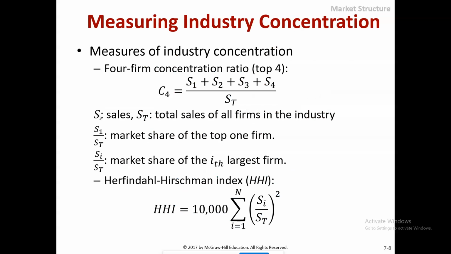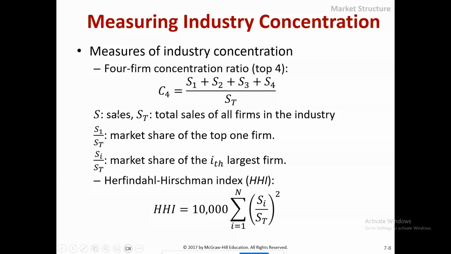There are two measures for industry concentration. The first one is called the four-firm concentration ratio, or C4. It is a sales summation of the top 4 firms within the industry. S represents sales of the firm. S subscript T represents total sales of all firms within the industry.